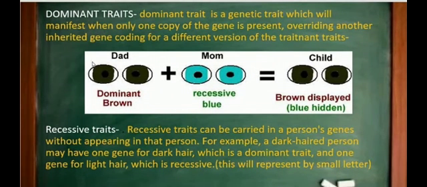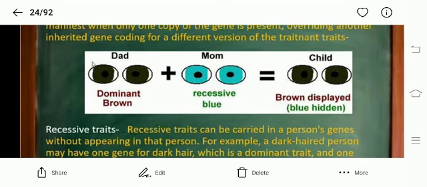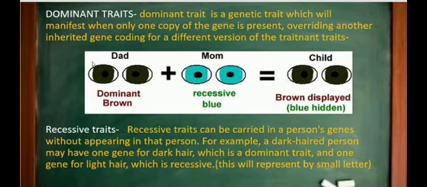If we see here in the figure, the dad is having a dominant brown eye and the mom is having a recessive blue eye. Dominant trait means dominating. It always comes first. Means the child which will be born will have brown eye, which will be displayed, and the blue eye it will also carry, but it will be hidden.